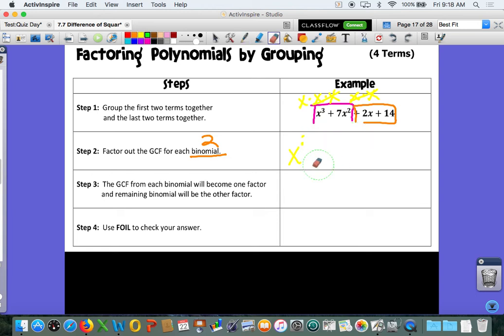And I want to make sure I write this. Hold on a second. I've got x, and what's left inside is x plus 7. So then what's left out the other one? What can we divide from the other one? We've got plus 2. What's left is x plus 7.